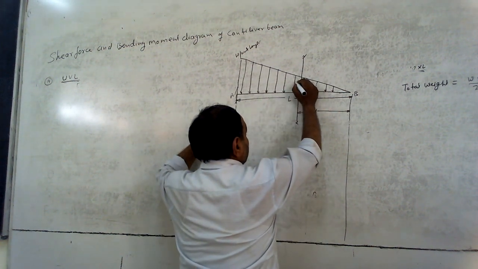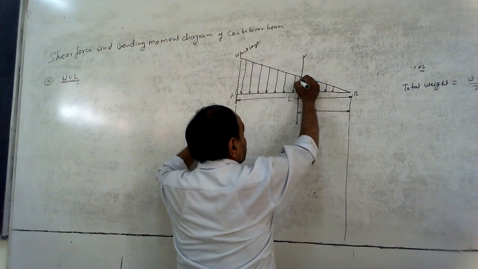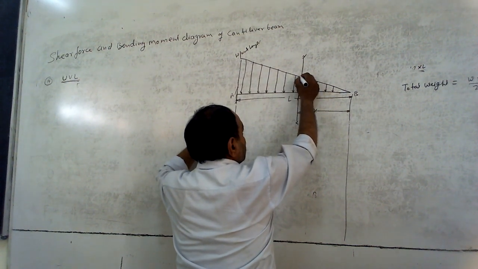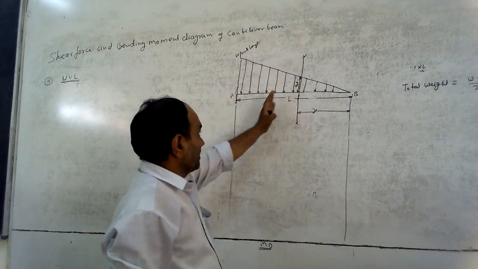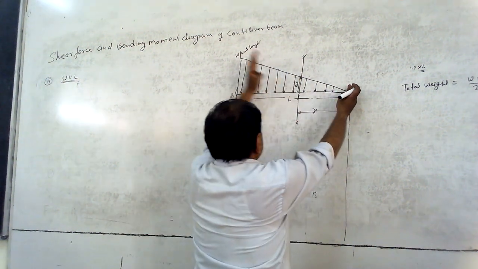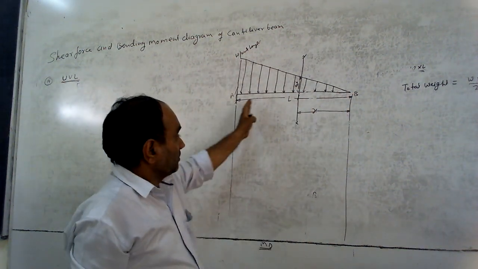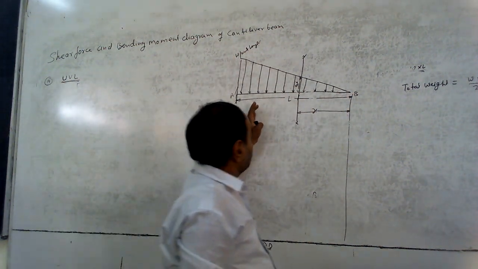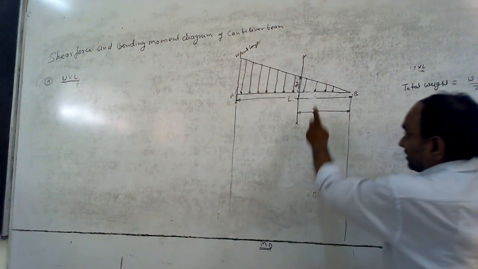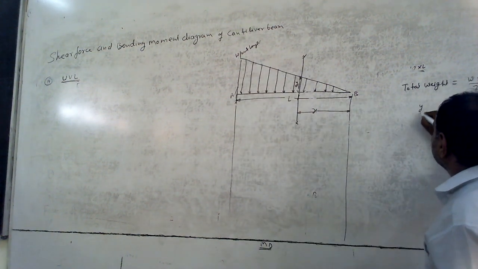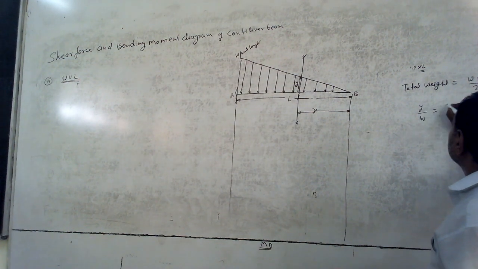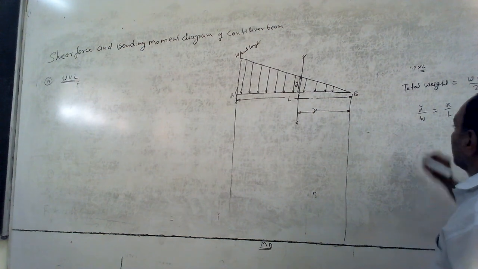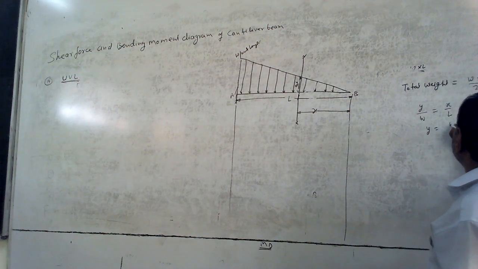Suppose this one is y, this is x. There are similar triangles, a small triangle and a big triangle. So there is a relation between the similar triangles: y upon W equal to x upon L. Here y equal to W by L into x.